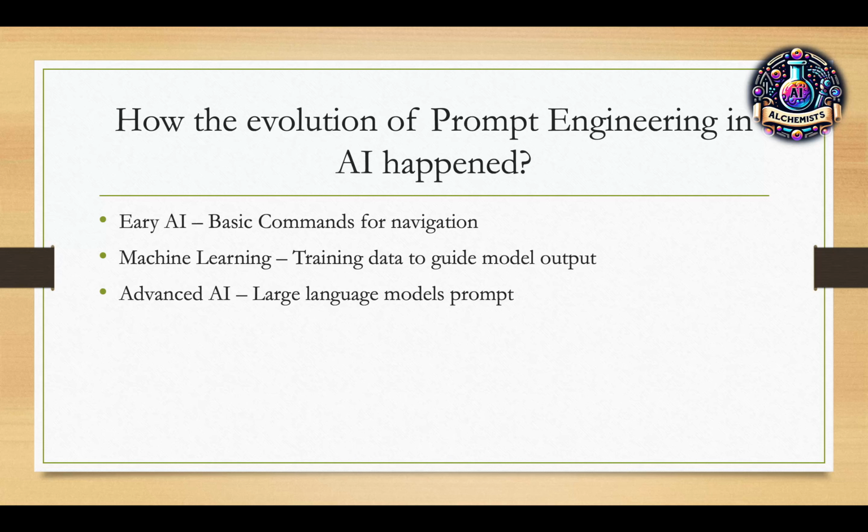Those were the earlier AI, and then machine learning came into play, where you train the machine from data: you input the data, and the machine understands from the data what the situation is and what response it has to give. Now in an advanced world, we have large language models.